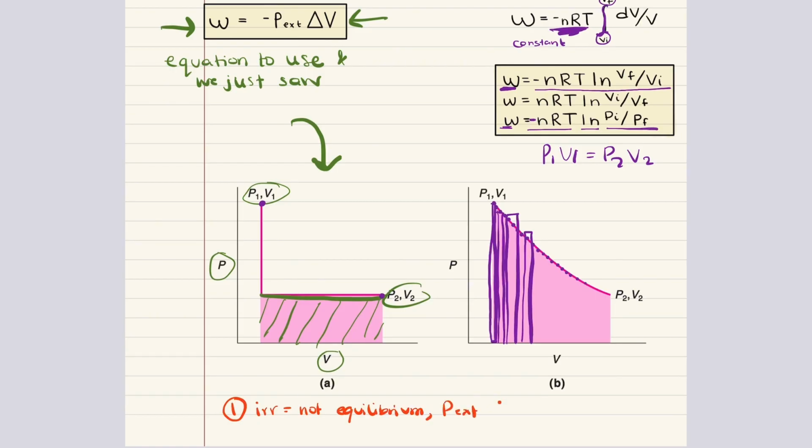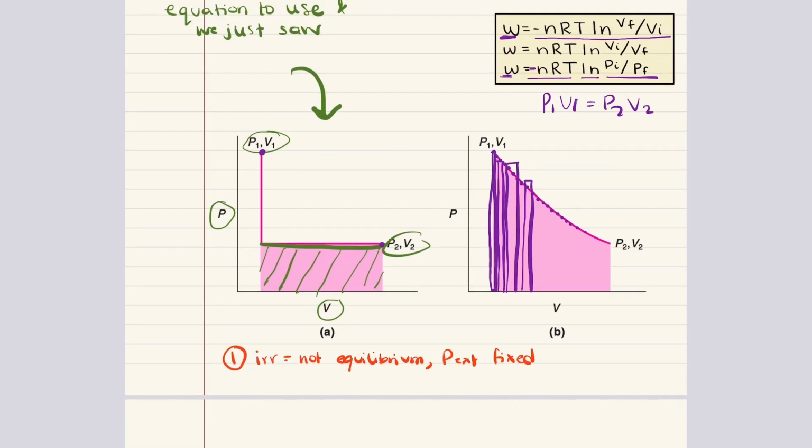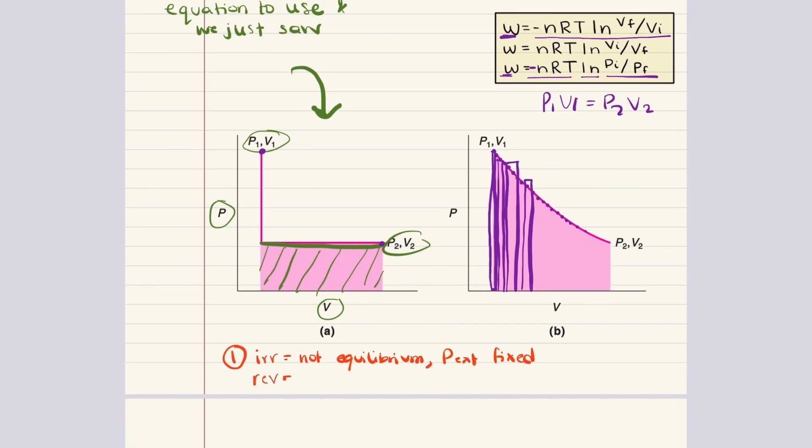But in the reversible case, the outside pressure is continually adjusted to match the gas at every instant. So the system remains in equilibrium with its surroundings, and the work depends on the entire path. And we determine it by integrating the actual pressure volume curve of that gas. So that path dependence is why the integral form matters.